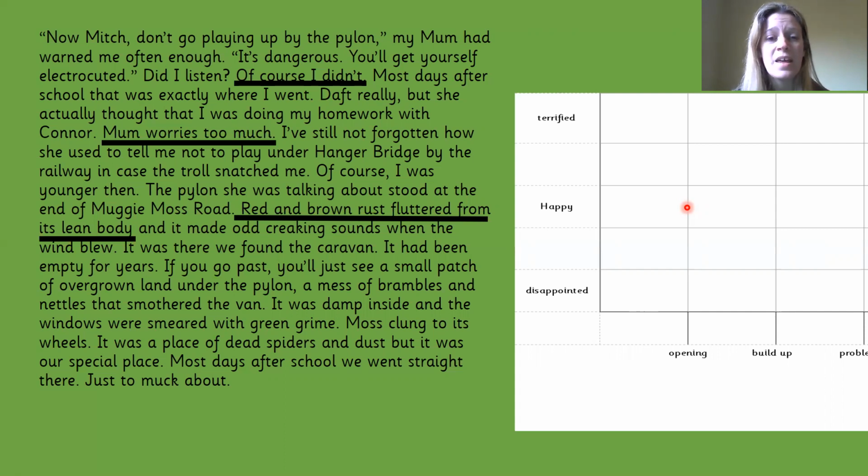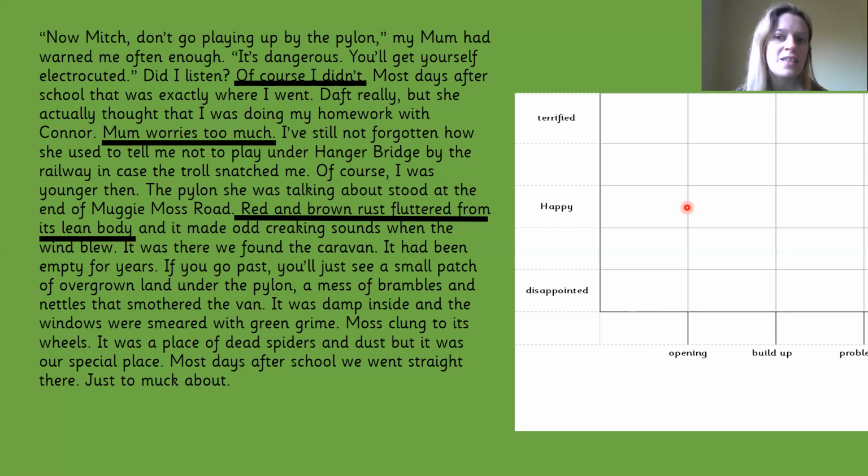Now, the words fluttered and lean, they don't really give me a scared feeling, or make me feel a little bit sad. They actually seem quite positive. Even though it's in an awful way, we're talking about rust on this pylon, actually he's talking about fluttering, which is gentle, and it's showing how he views the pylon. He's not scared of the pylon.